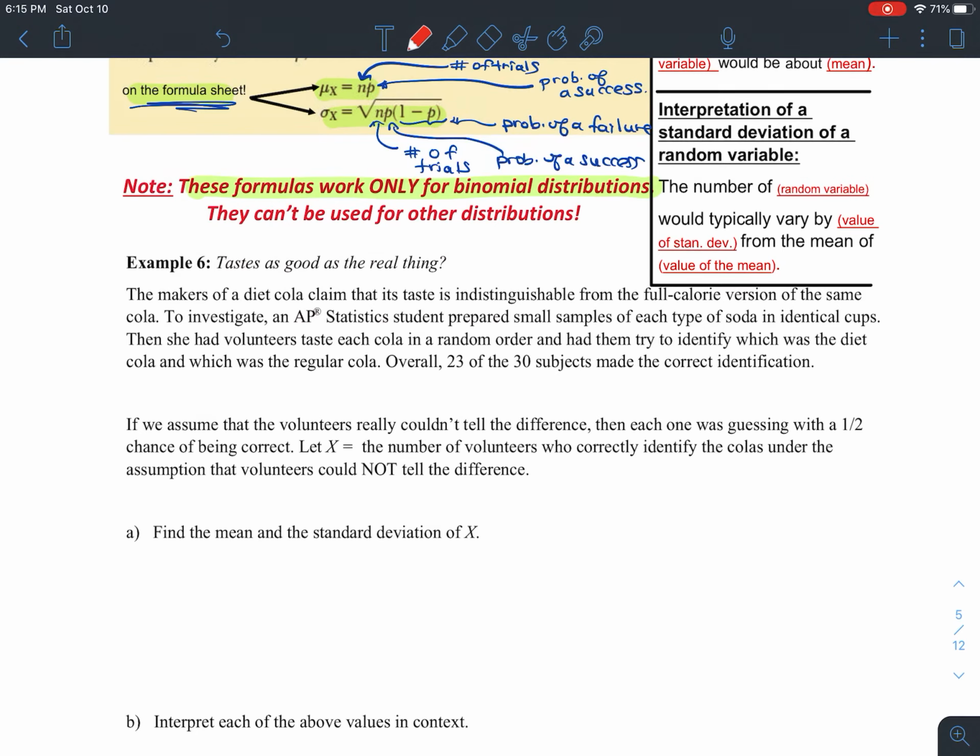Okay. All right, so let's go ahead and take a look at this example here, talking about kind of taste testing soda here. It says the makers of a Diet Cola claim that its taste is indistinguishable from the full calorie version of the same cola. To investigate, an AP statistics student prepared small samples of each type of soda in identical cups.